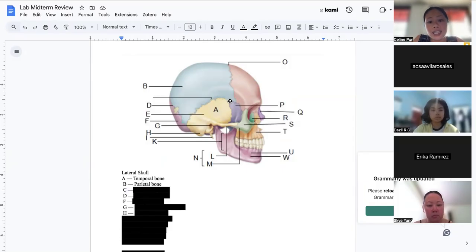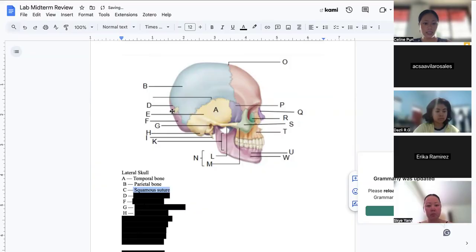Okay, C is this suture. What is the suture called? This is the squamous suture.